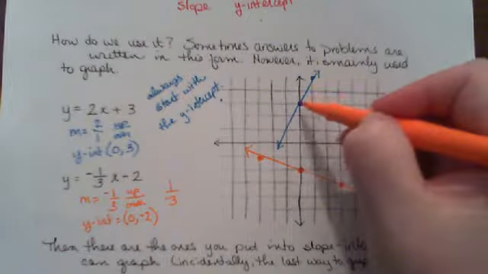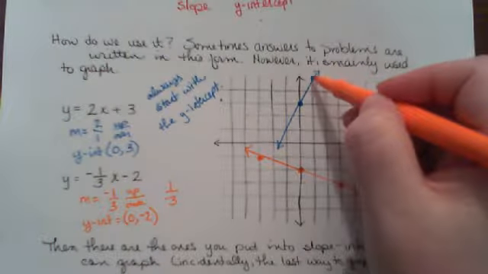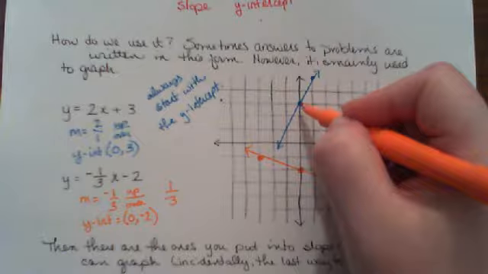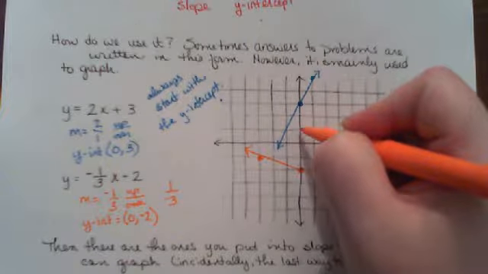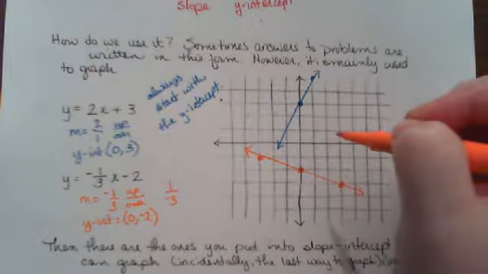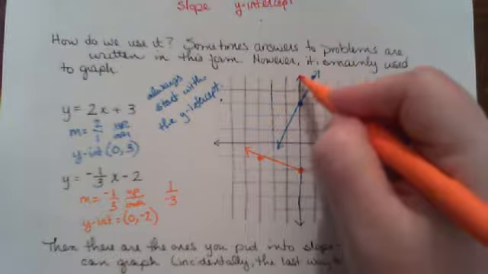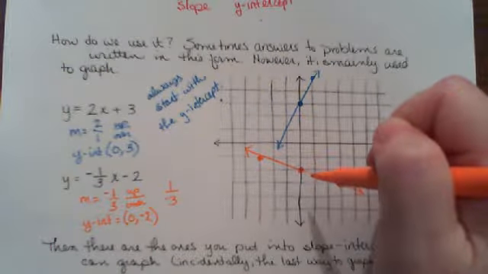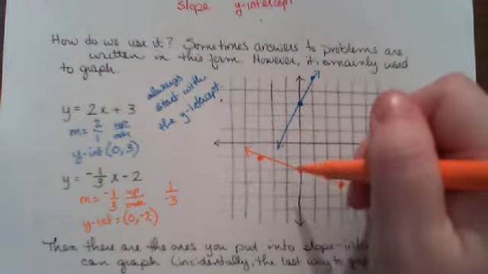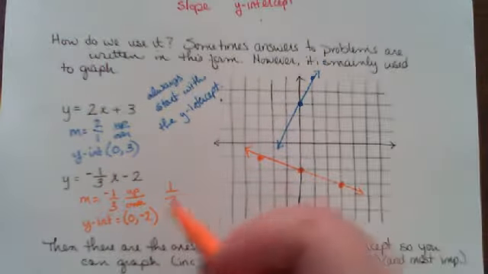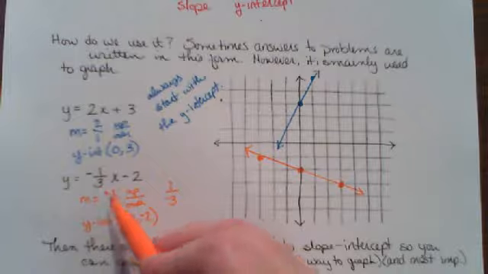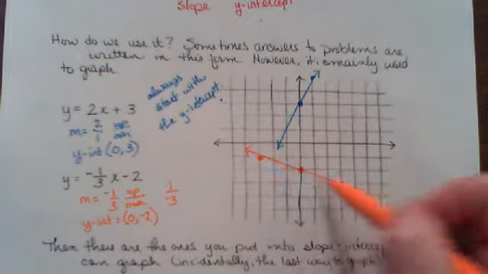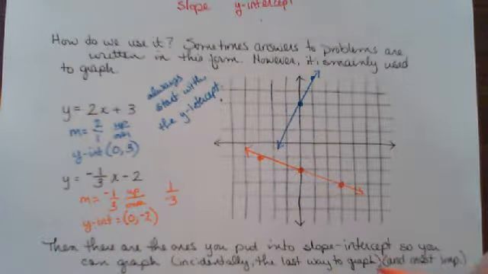Just like up here, I went up 2 and to the right 1. That's the same thing as going down 2 and back 1. This is 2 positives, that's 2 negatives, which we know makes a positive. It's going to end up on the same exact line. Just like up here, it didn't matter whether my negative was on top or on bottom, it's still going to be a negative slope.